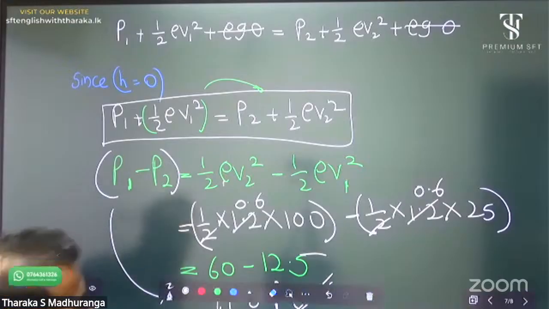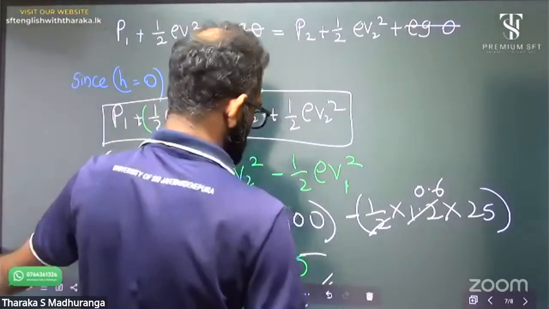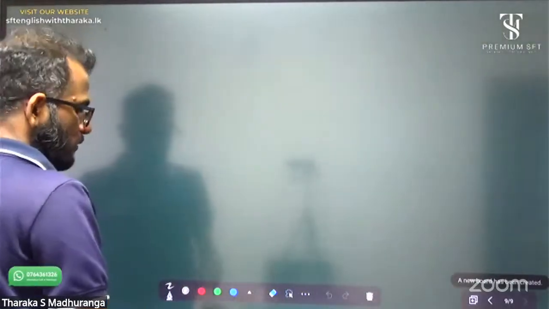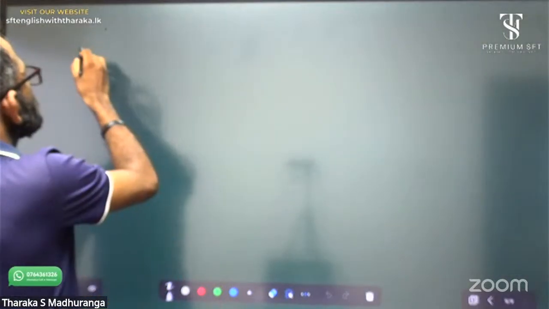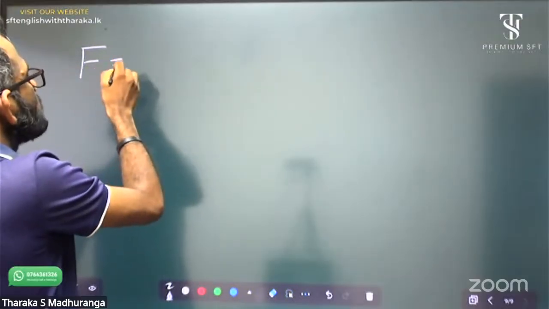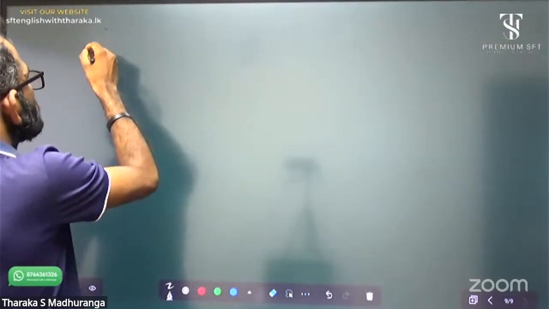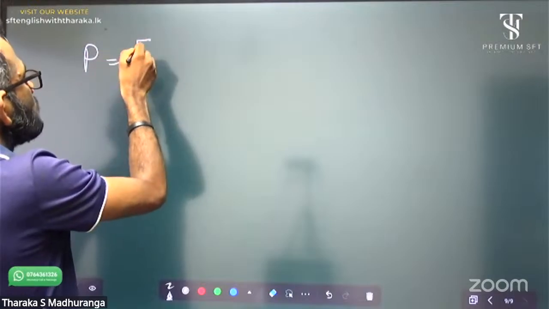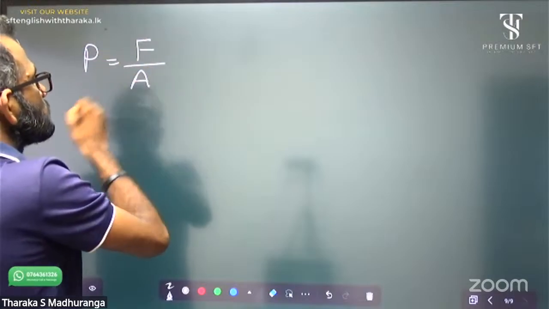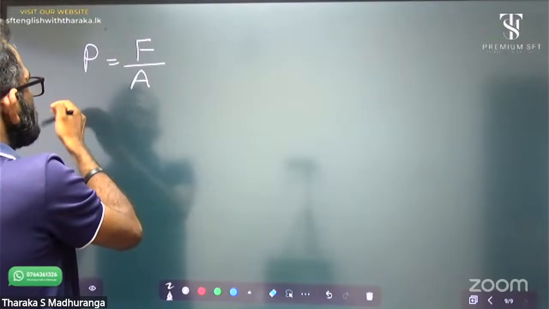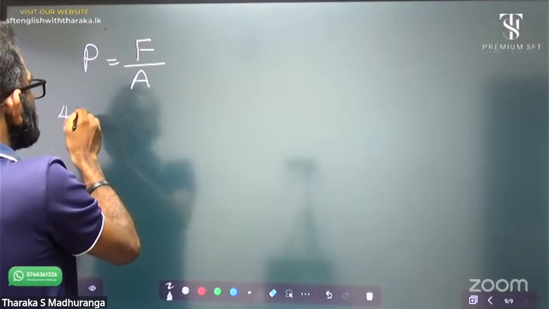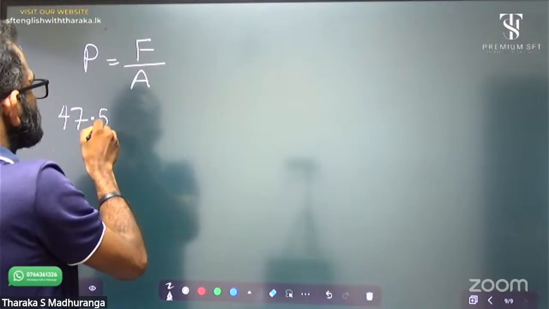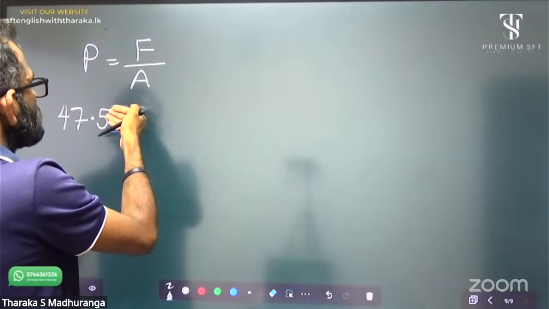The question asks, due to the pressure difference, P equal F over A. The pressure difference is 47.5 Newton, sorry, Pascal.